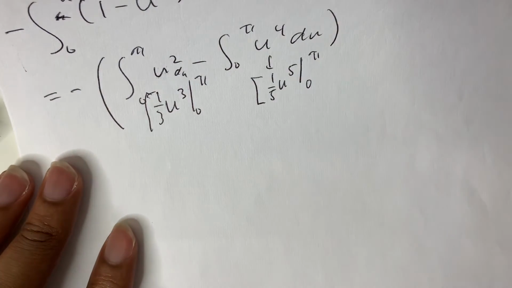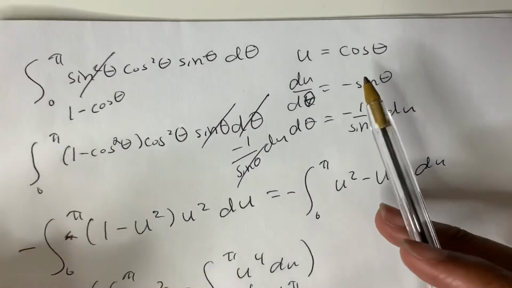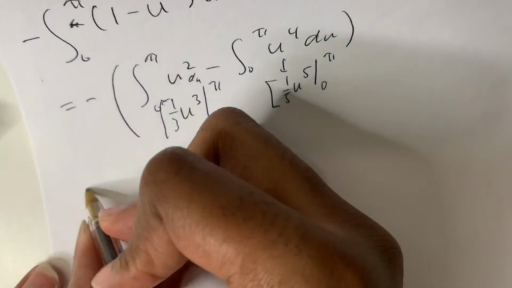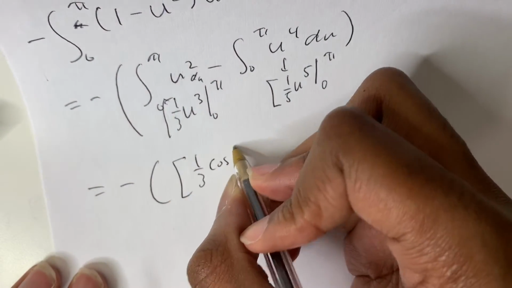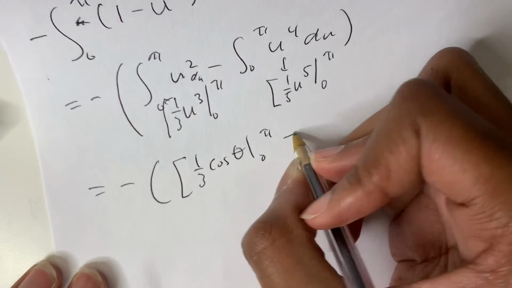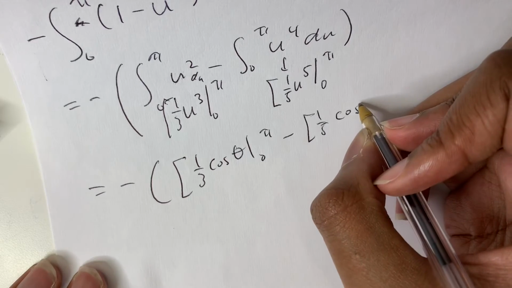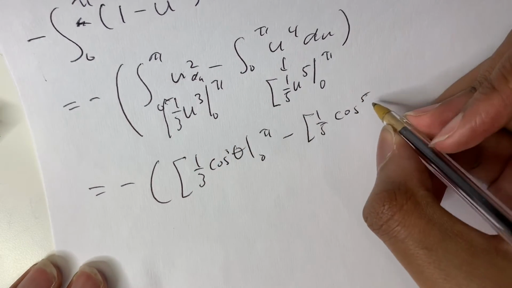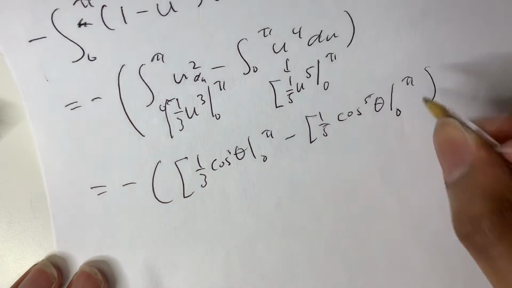So now we put back what we had for u. u is cosine of theta, right? So we have minus 1 over 3 cosine cubed theta from 0 to pi, minus 1 over 5 cosine to the 5th theta from 0 to pi.